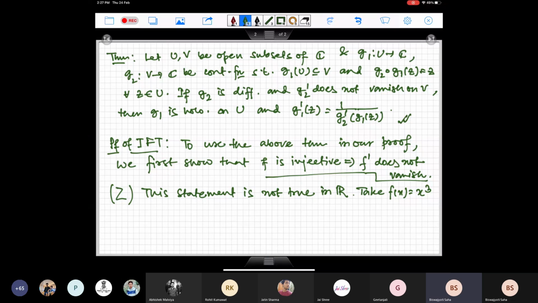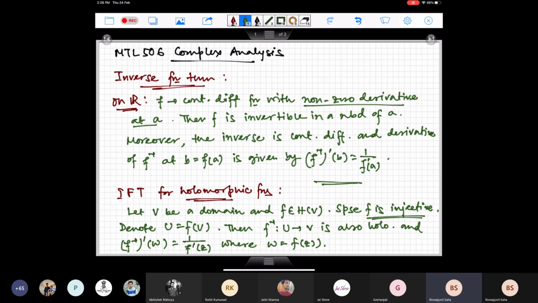The first step is to prove that the derivative is non-vanishing. We also need to show that all these functions are continuous, but that will be taken care of, because since my function is given to be injective, it will be non-constant, and therefore it will be an open map, and therefore the inverse will be continuous.